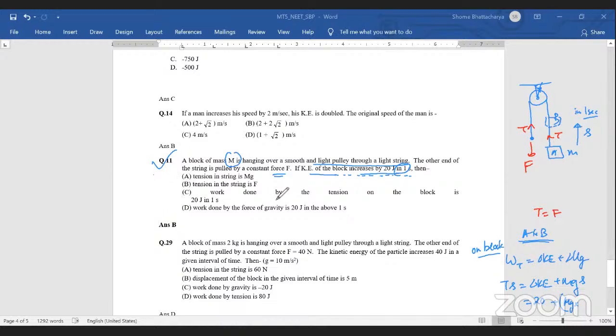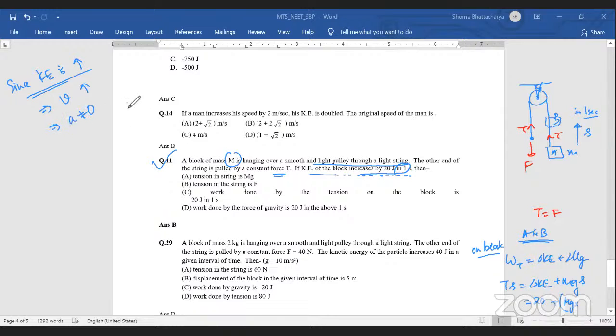So tension in the string definitely has to be, so if it's going up and kinetic energy is increasing, you can see that speed is increasing. So let's go option wise also. Since kinetic energy is increasing, therefore speed is increasing. That means the acceleration is not zero.